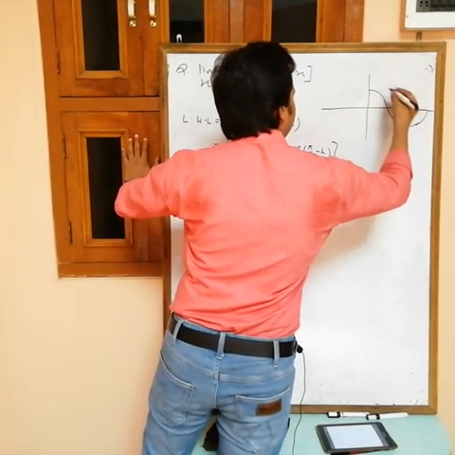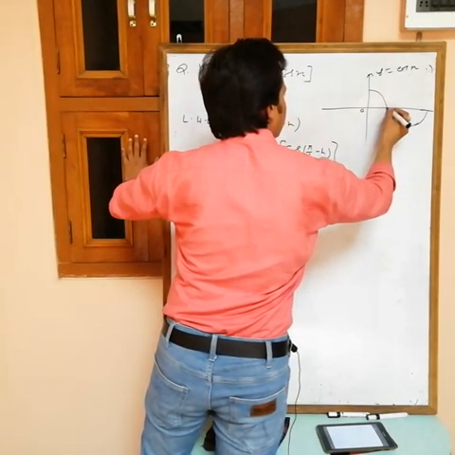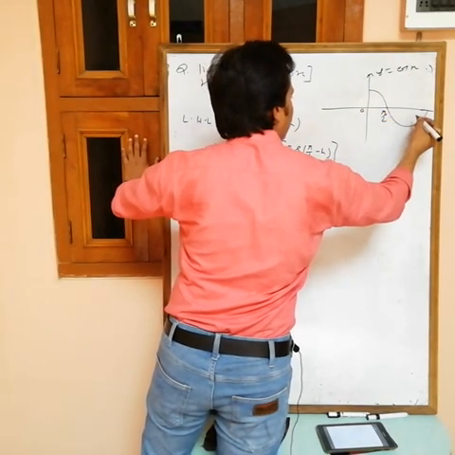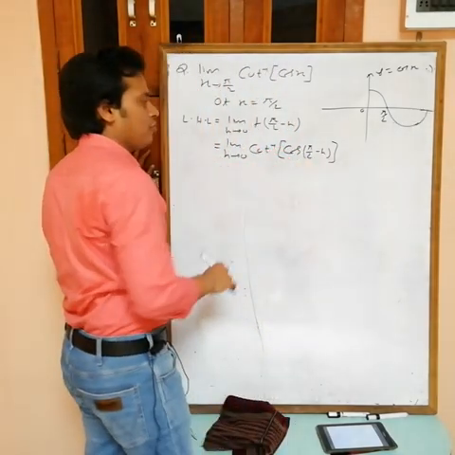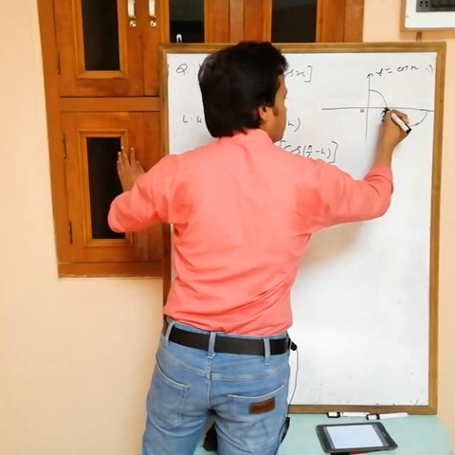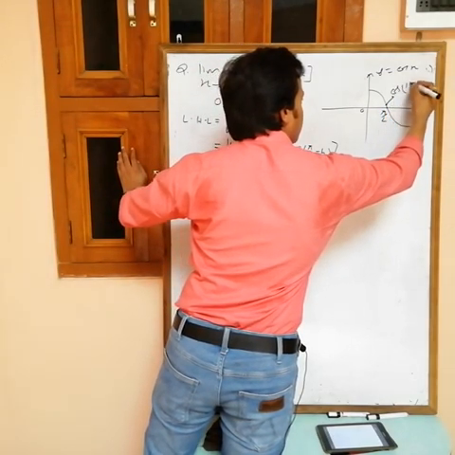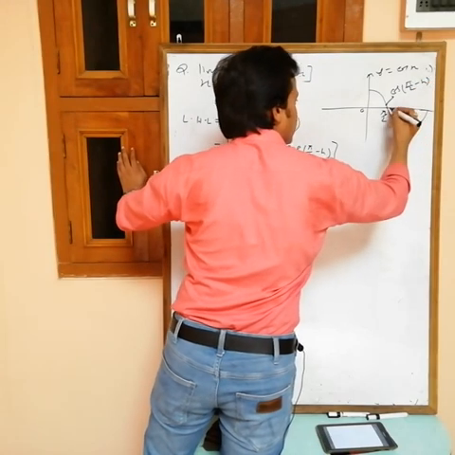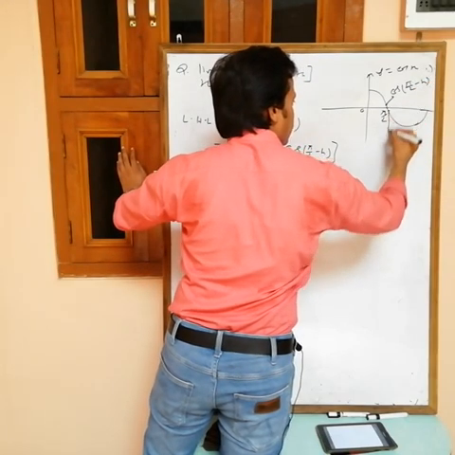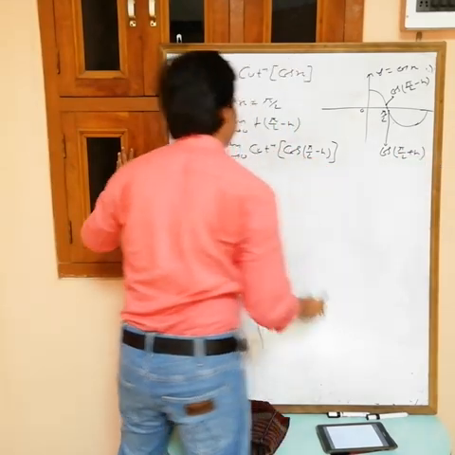Y equals cos x. This is 0, here we have pi by 2. Now, cos of pi by 2 minus h: this is cos pi by 2, just before pi by 2 is cos of pi by 2 minus h, and the next value is cos of pi by 2 plus h.